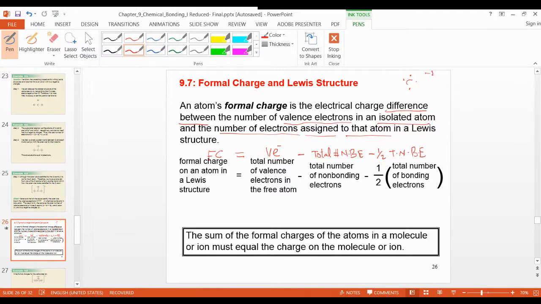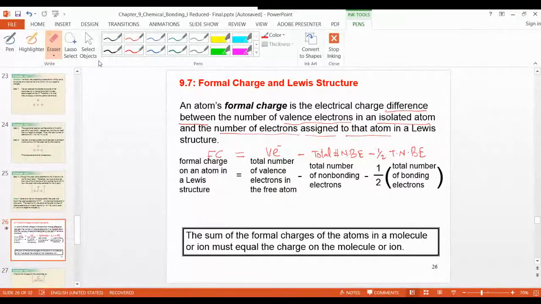So minus 1 is the charge. This is how we calculate, and the formula for calculation: the formal charge is equal to the valence electrons minus the total number of non-bonding electrons minus half the total number of bonding electrons.